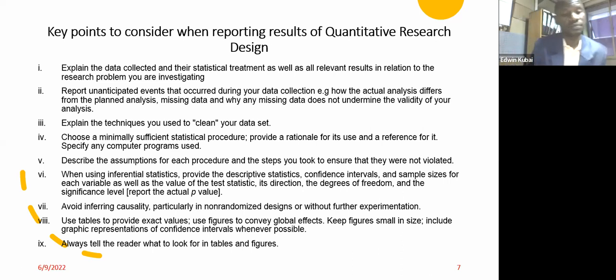Don't assume that this causes that if you have not carried out an experiment in your study that actually looked for the causes.